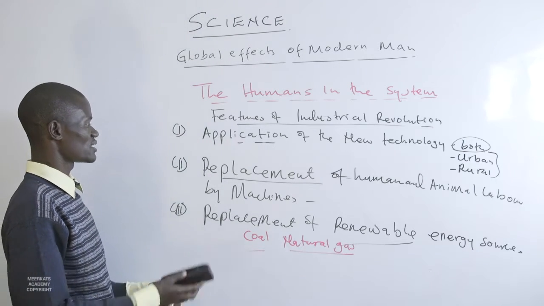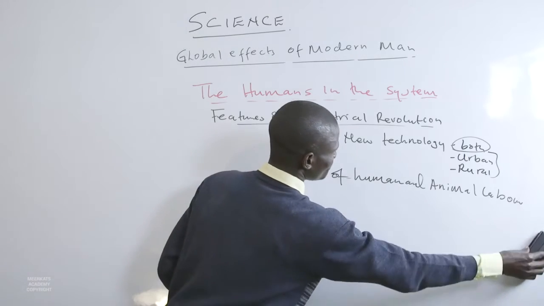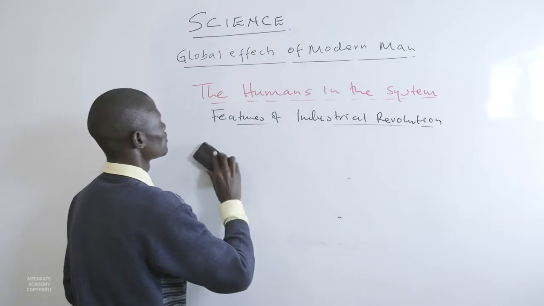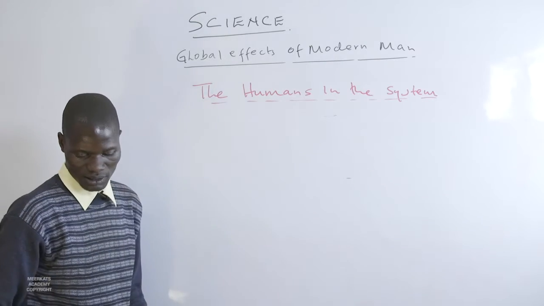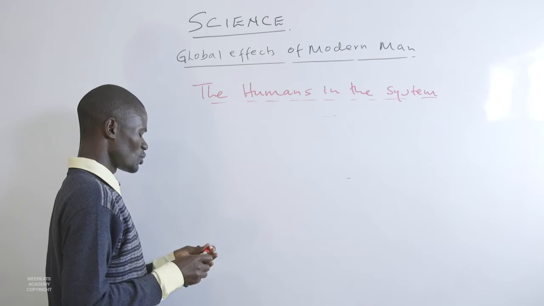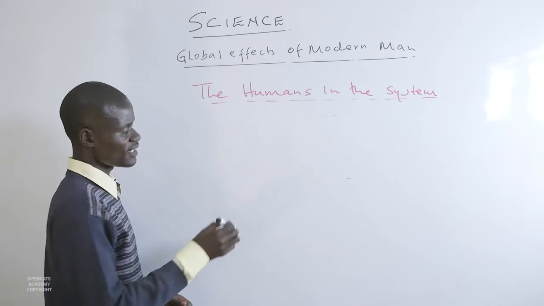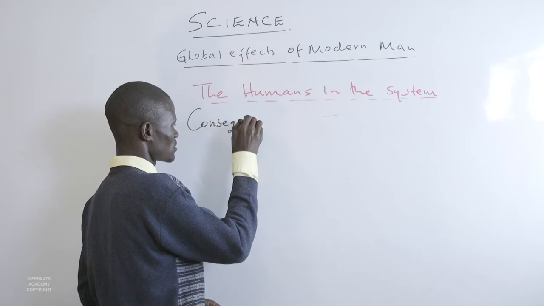All these features brought some consequences. They brought some consequences on the environment, which we have to look at: the consequences of the Industrial Revolution. What were the consequences?